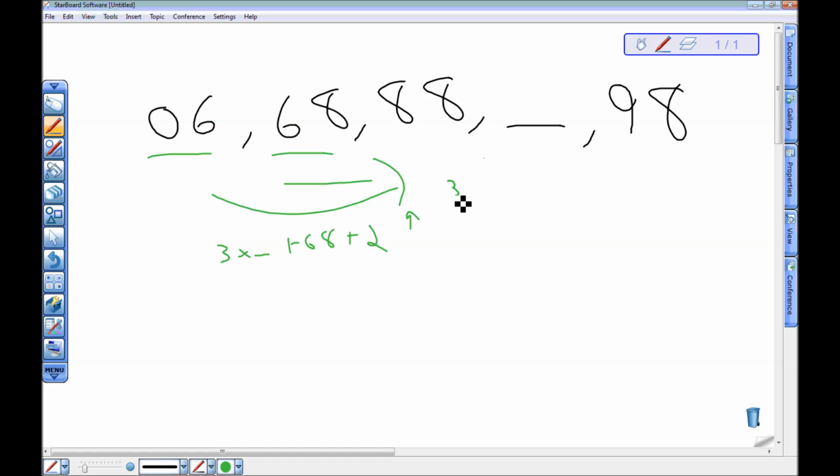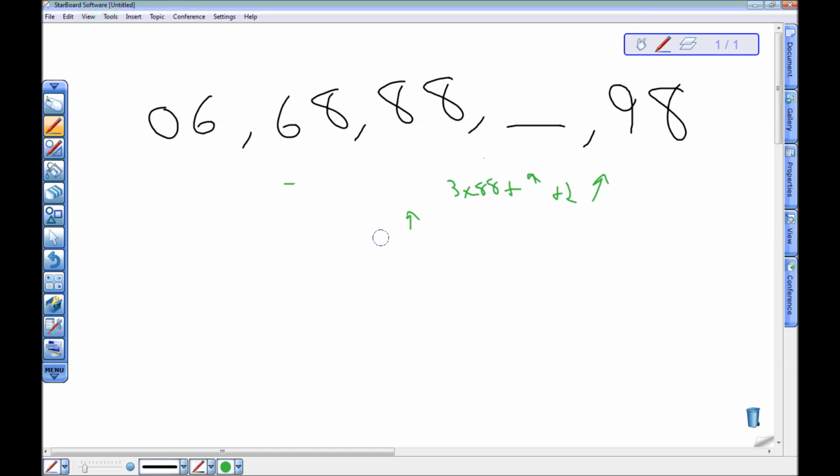But 3 times 88 plus whatever this is plus 2 is not going to give me 98. So that doesn't seem right. But I thought about it just momentarily because I always want to see if there are things happening with individuals.